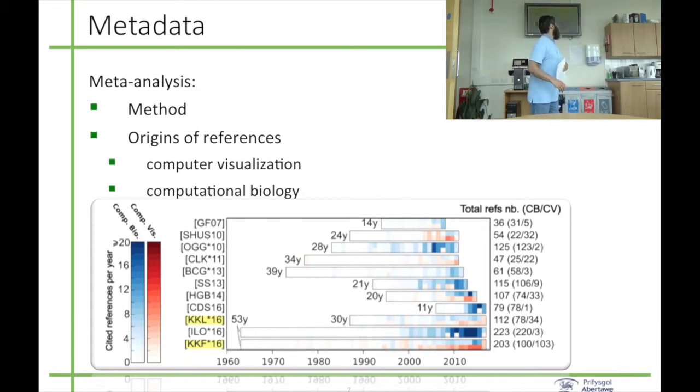In order to categorize the references based on their origin, we apply the following rule. If the reference was published in an ACM, IEEE, or related conference, then it would be considered computer visualization. Otherwise, it would be considered computational biology.